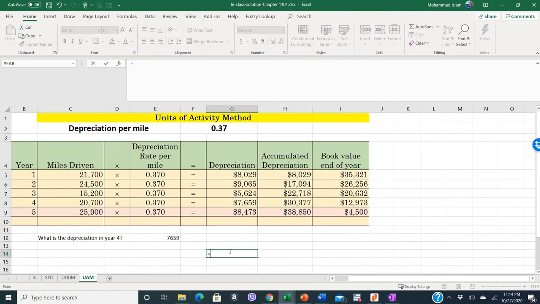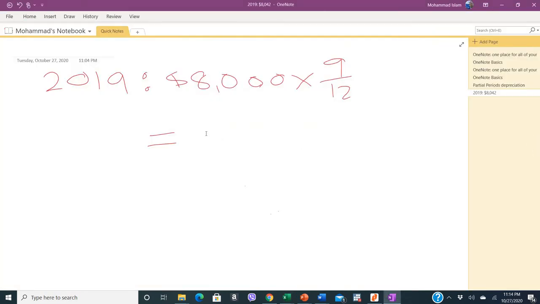So 9/12 multiplied by 8,000 is 6,000. So our depreciation for the year 2019 is 6,000. This is what we have done for the partial period depreciation.